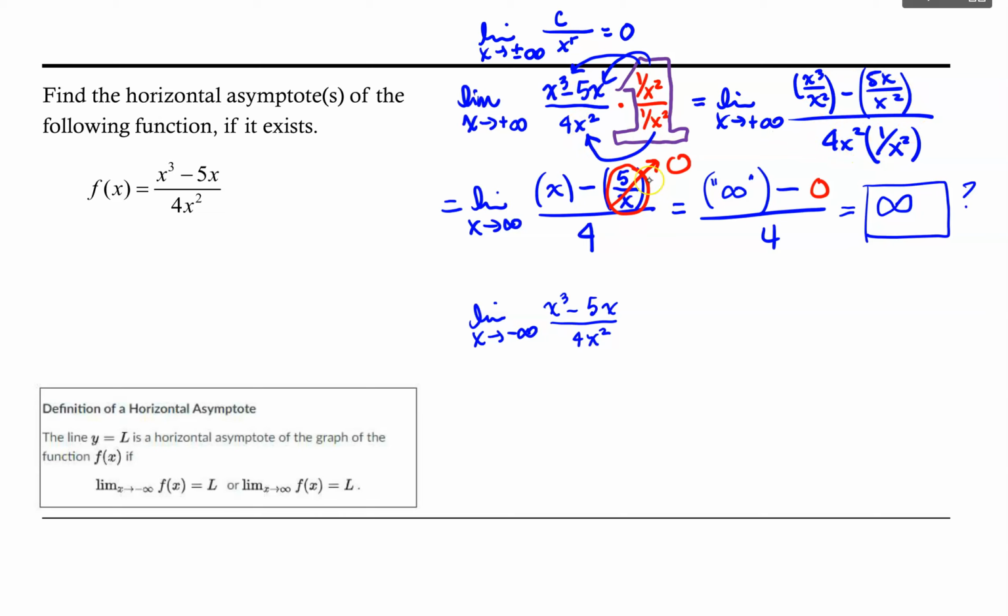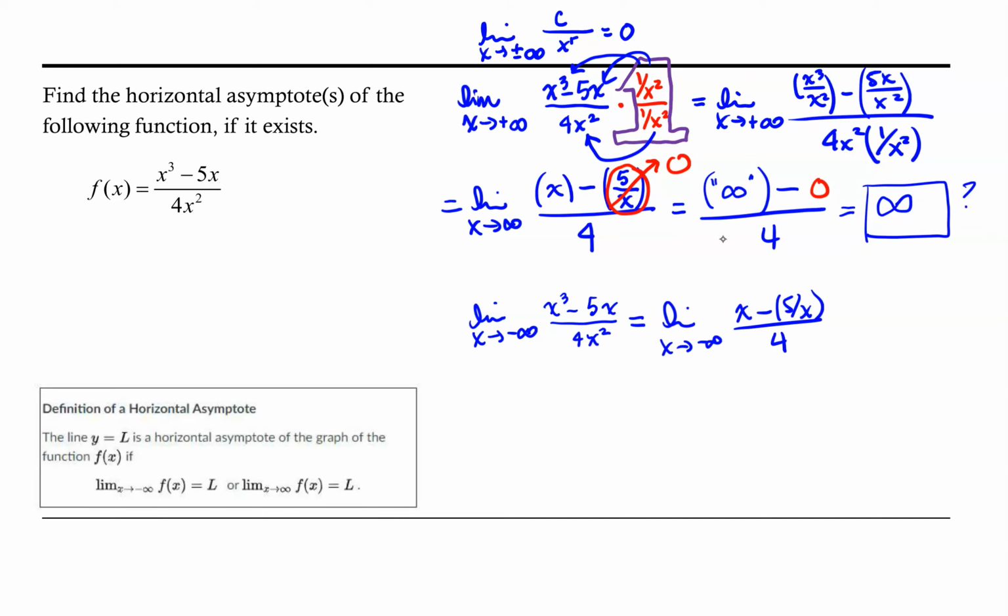So I'm going to go ahead and jump to this more simplified form that we created above. This is the limit as x approaches negative infinity of, after we do some simplifying there, x minus 5 over x, all over 4.